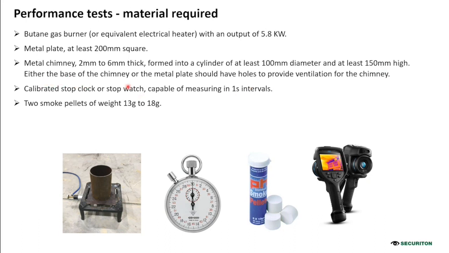Either the base of the chimney or the metal plate should have holes to provide ventilation. Usually you make several holes on the base of the cylinder just to let the air come in. Then you need a clock or a timer, and the pellet, of course. And then a thermal camera or a thermometer to check the ambient temperature.